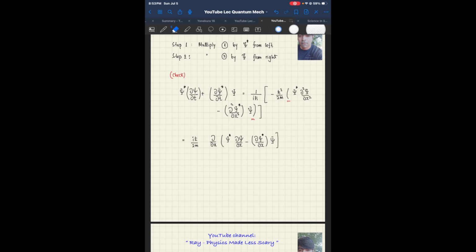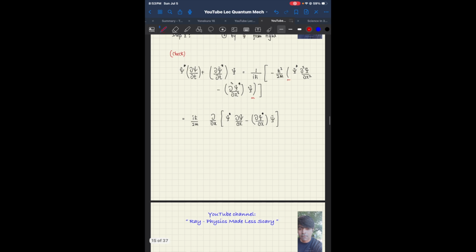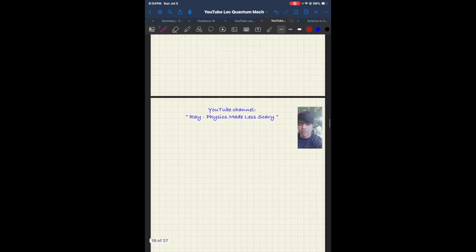This is what you should get. A total derivative, okay? Total derivatives are always nice, right? Because you can really integrate them quite easily. So please kindly derive all this. Again, this is just one line, one step, just to ensure that you are following the math.